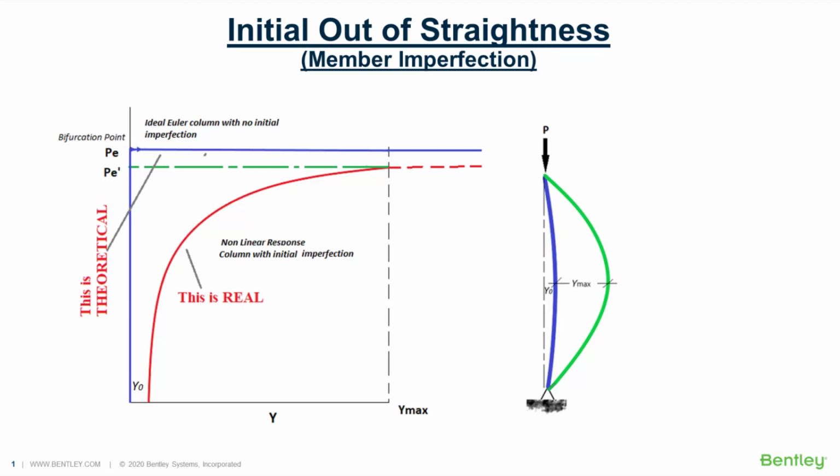This initial imperfection triggers the nonlinear response, and the column would in reality undergo displacement, and theoretically, no matter what the initial eccentricity or imperfection is, the maximum crippling load would be the same, and it will asymptotically touch the bifurcation limit at infinite displacement. But in reality, we have to consider some limit on the displacement. We can't go to infinite displacement.